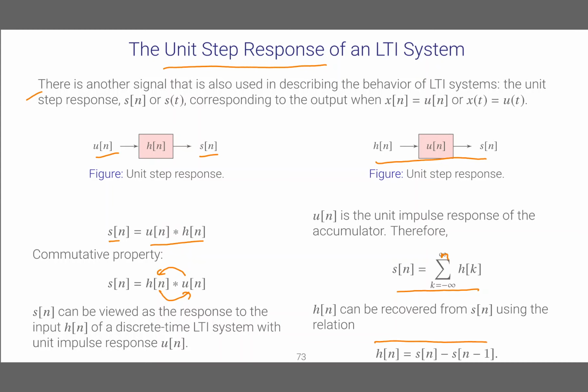I think you remember that. We can write this as h[n] plus the sum of h[k] from minus infinity to n minus 1, as you have seen many times, and this is actually s[n] minus 1. So this is the inverse of that.